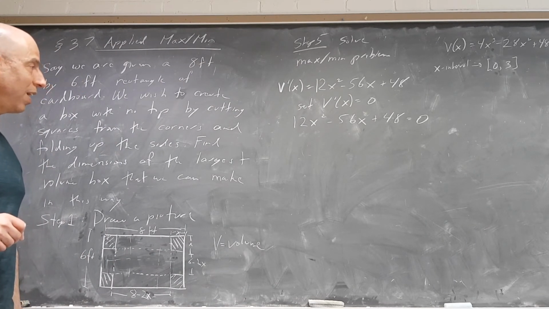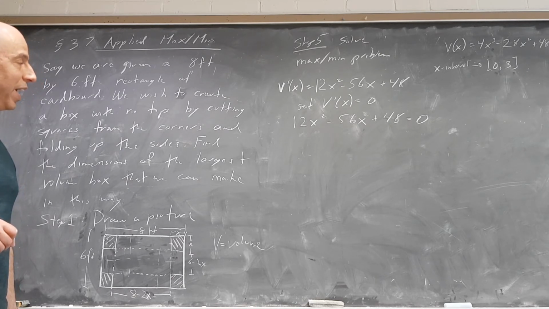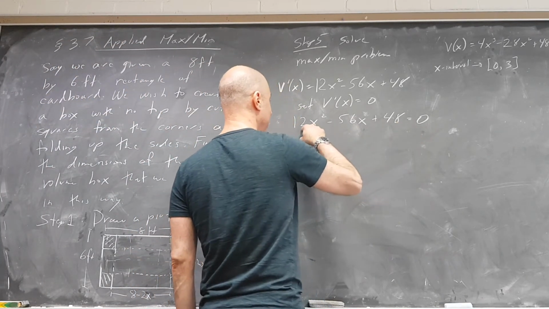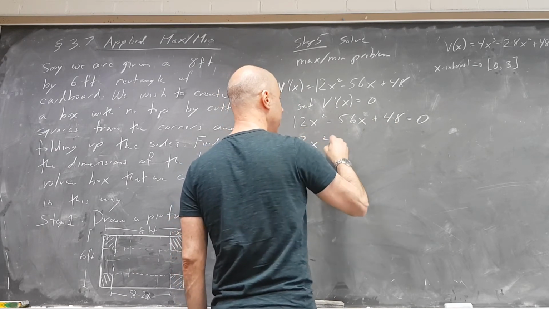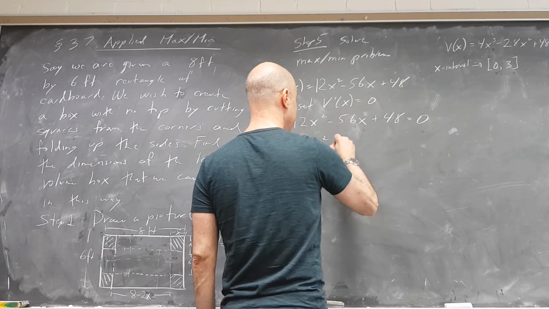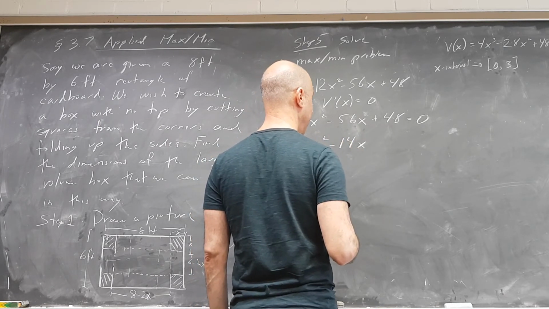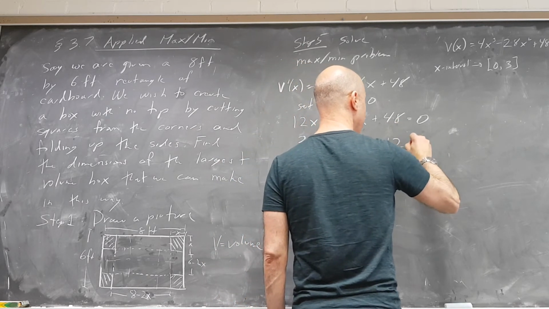What's the largest thing which divides 12 and 56 and 48? I am guessing 4 is the largest thing. So if I divide both sides of the equation by 4, 12 divided by 4 is 3. 56 divided by 4 is 14. And 48 divided by 4 is 12.